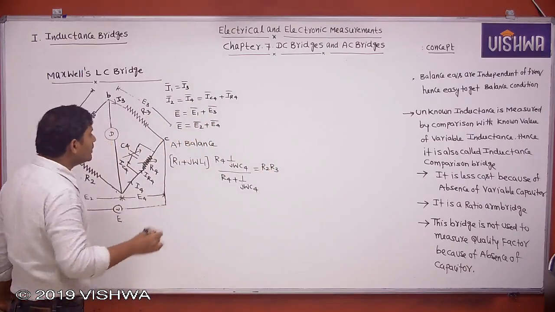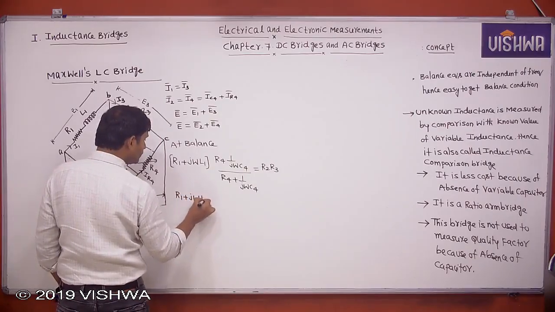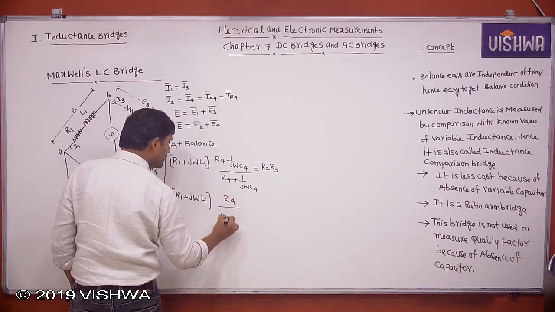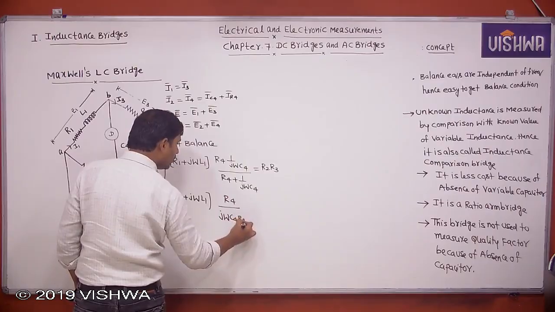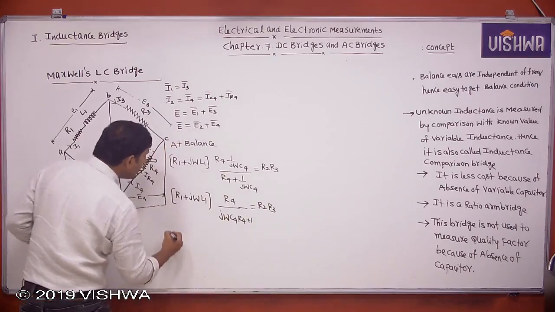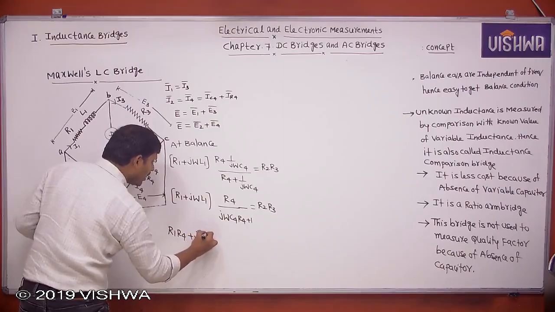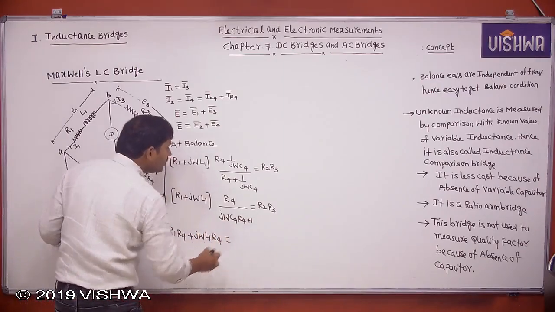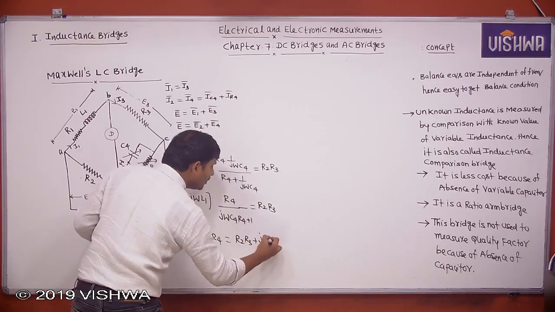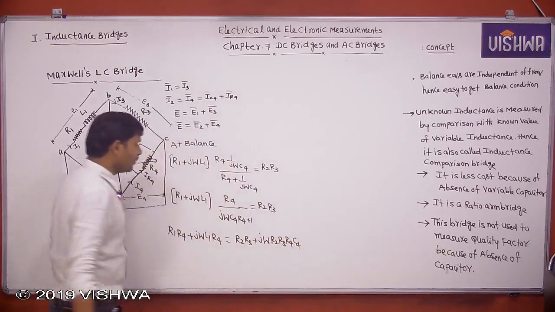Clear? Now tell me. You simplify this, R1 plus j omega L1 into R4 by, we get j omega C4 R4 plus 1 is equal to R2 R3. Then cross multiply: R1 R4 plus j omega L1 R4 is equal to R2 R3 plus j omega R2 R3 R4 C4.